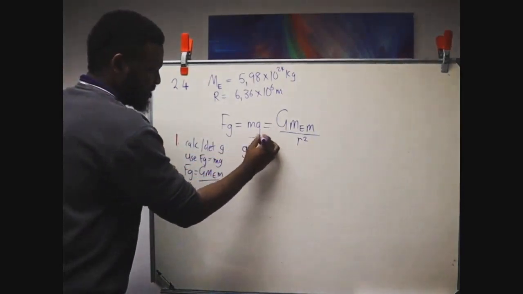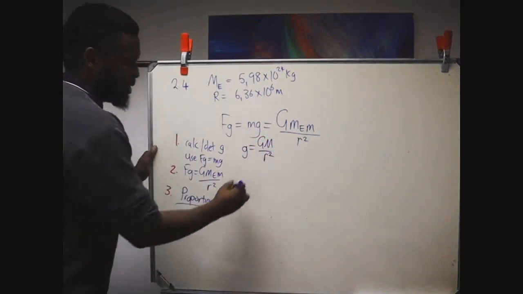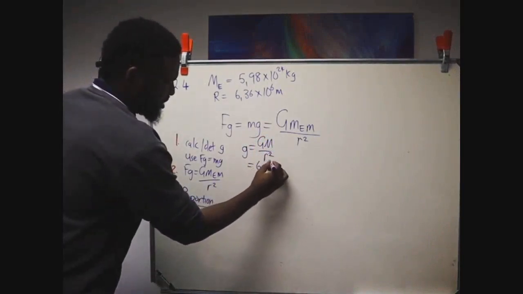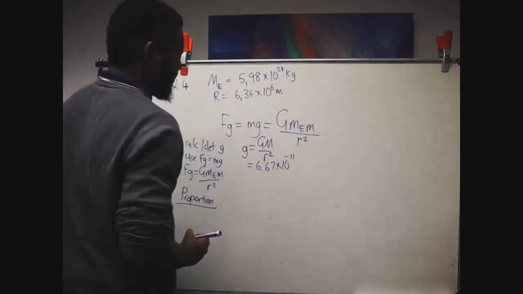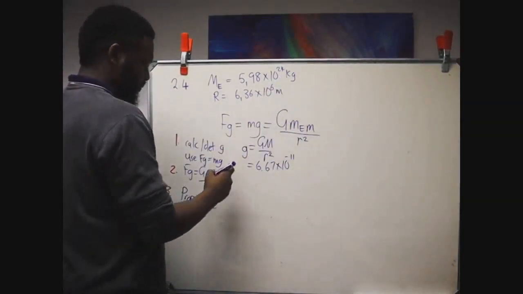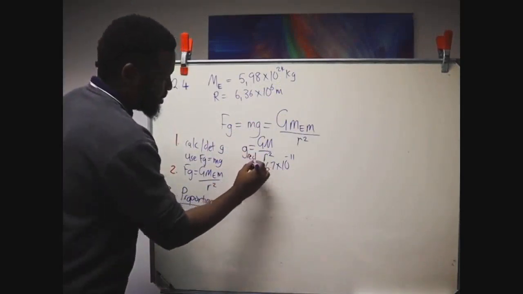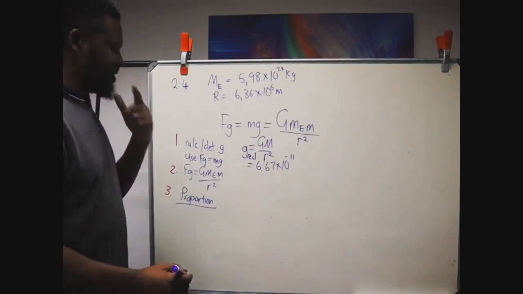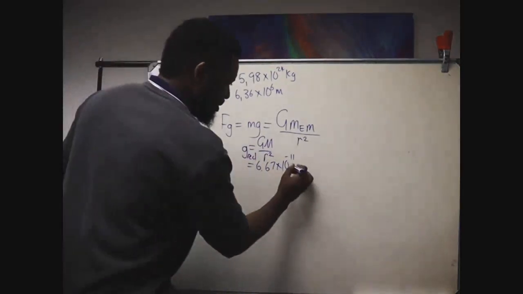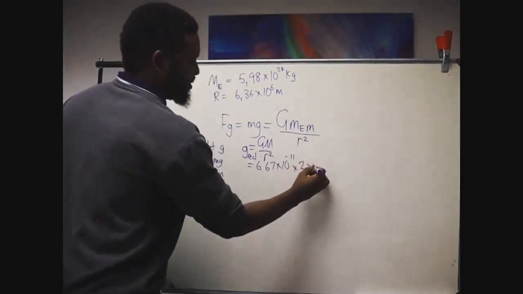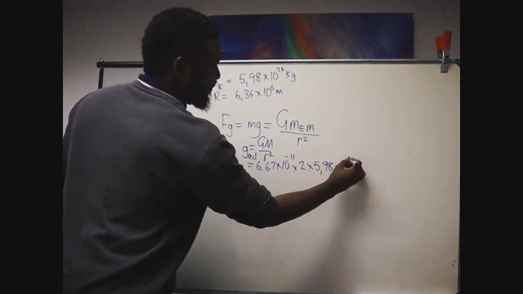Little g is GM over r squared, which is 6.67 times 10 to the minus 11. The mass is 2 times, now for red pack, okay, let's call it G red. Yo, it's your boy G red. Where is G blue? I'm just G red. Okay, so it's 2 times 5.98 times 10 to the power of 24.